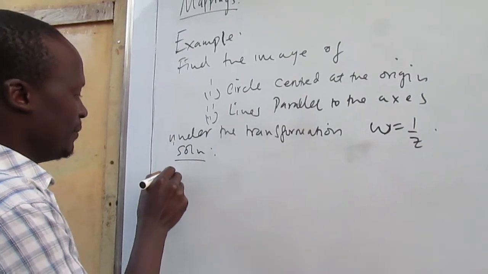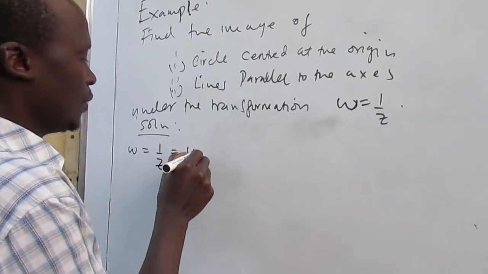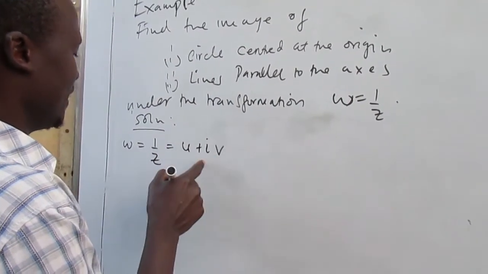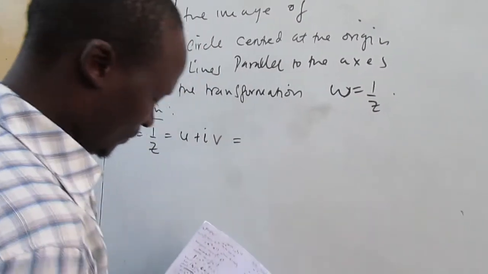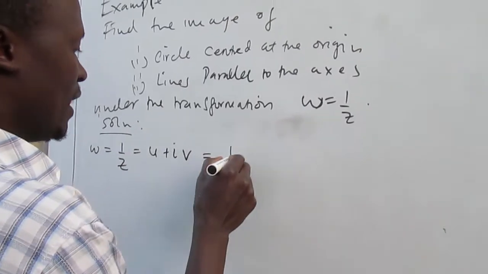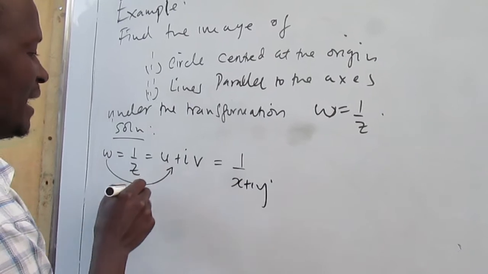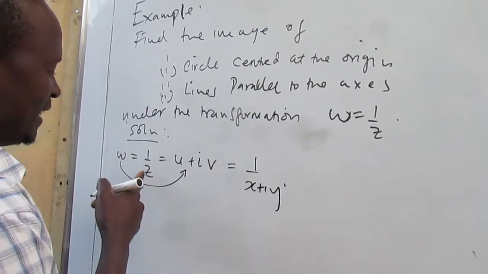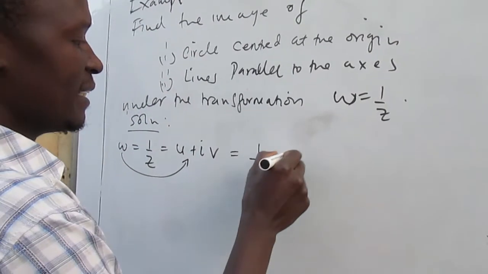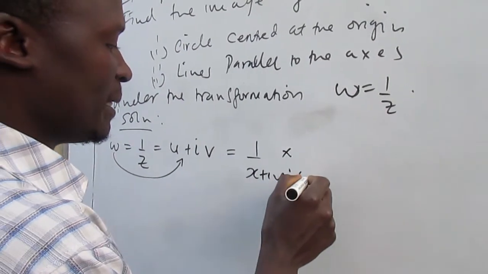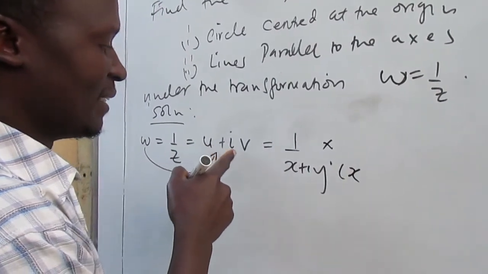We are given that w is equal to 1 over z, which you can think of as u plus iv, and this u plus iv is nothing but 1 over x plus iy. So w is equal to u plus iv, and of course z can be expressed as x plus iy. So with this, we need to simplify. We need to find the real and imaginary parts, because u corresponds to the real part, v to the imaginary part.